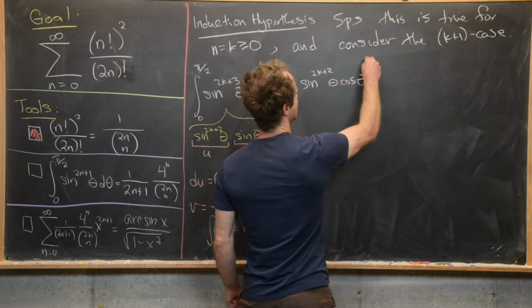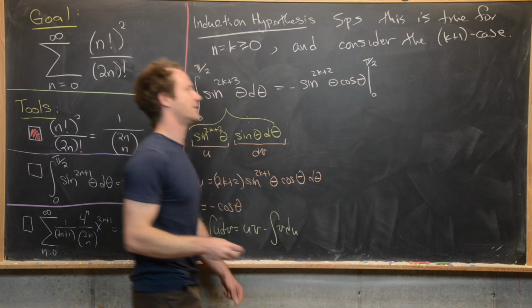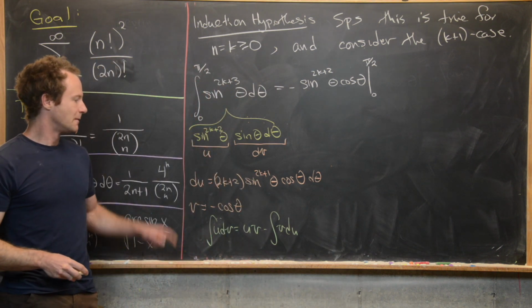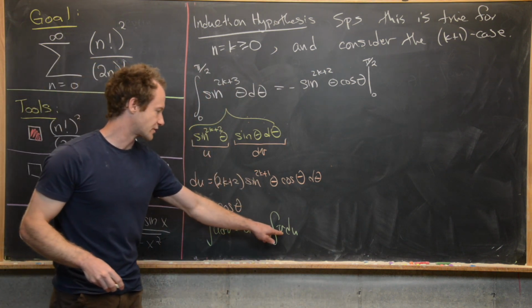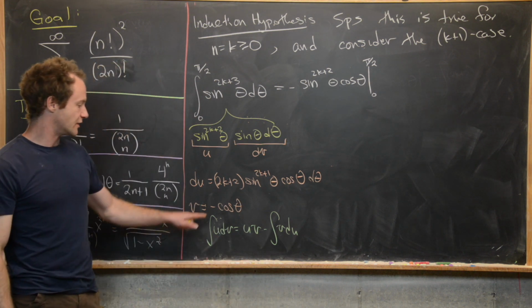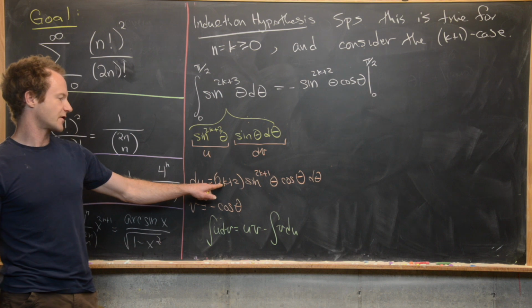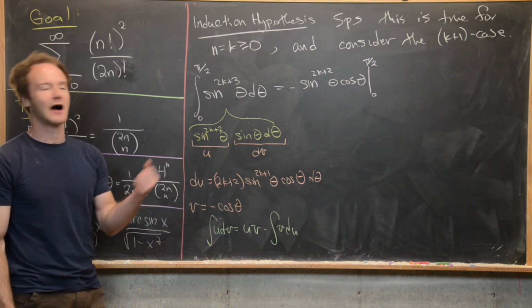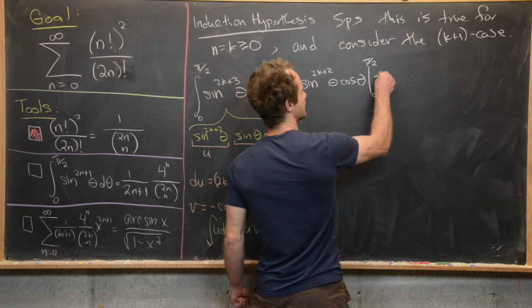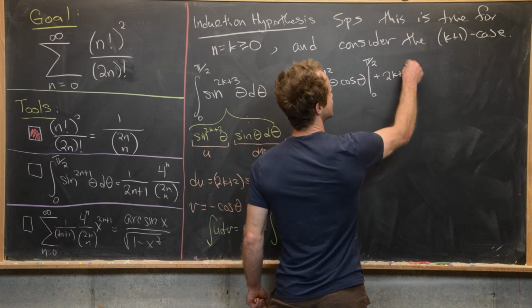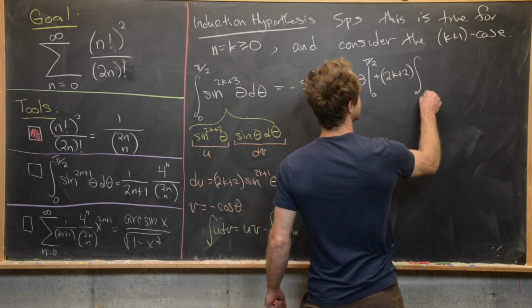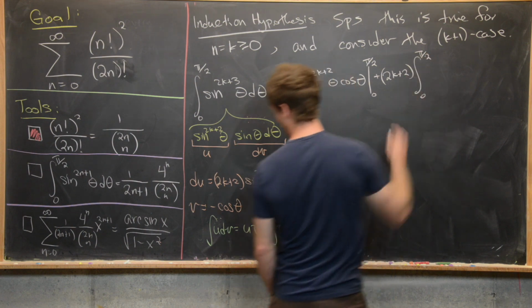This is a definite integral, so we need to evaluate from 0 to pi halves. And then we'll have minus the integral v du. But notice this minus sign will cancel with the minus 1 inside of v. And we can furthermore take this 2k plus 2 out because it's a constant. So that gives us 2k plus 2 times the integral from 0 to pi over 2.